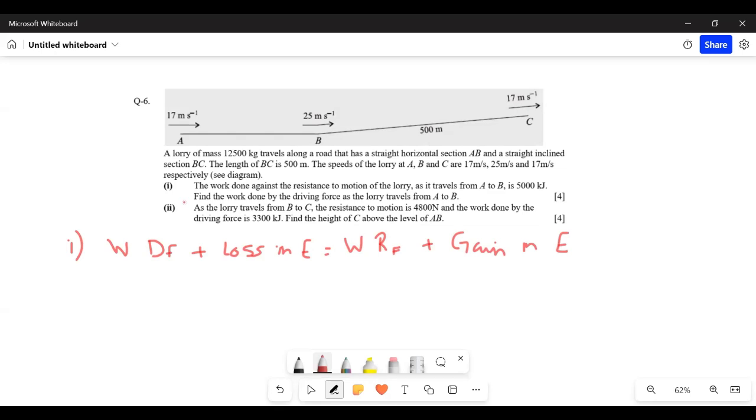Work done by driving force has to be found from A to B, so let's call it X.